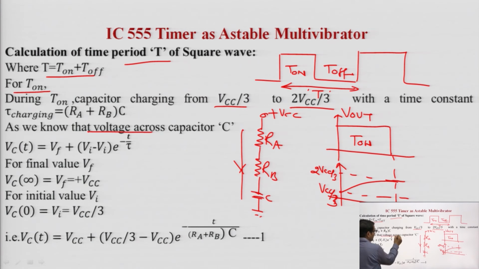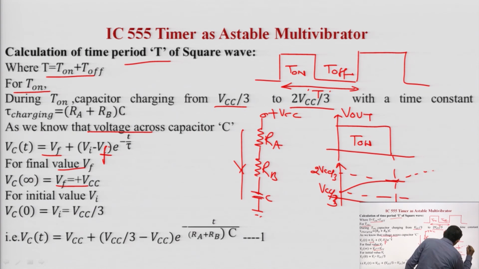As we know, the voltage across the capacitor is Vct equals V final plus V initial minus V final, into e to the power minus t by tau. The final value V final is Vcc, because in the ideal condition it charges up to Vcc at t equal to infinity, and the initial value is at t equal to 0, and this is t equal to t on.